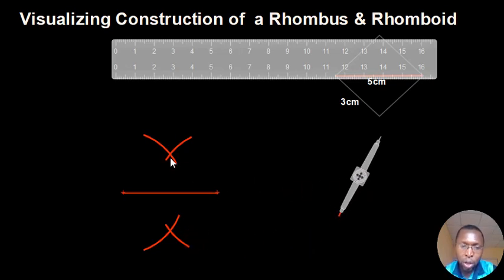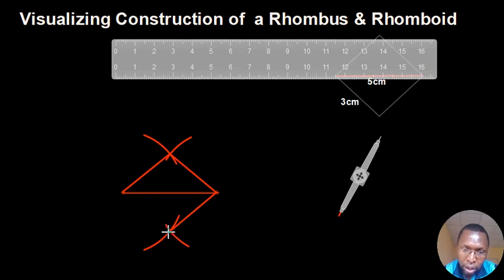So what you now need to do is to join this point with this point here. So I get my ruler, I join this point here with this point here. The same point again, I join it with the second point here. The same point, this particular point, I join it with the arc below the point here.